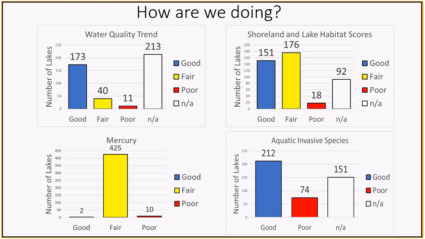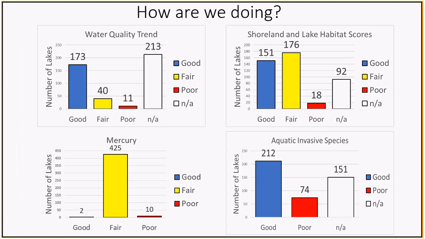The shoreland and habitat scores on the top right reflect a finding of the 2007 National Lake Assessment that we participated in, which showed that shoreland and lake habitat is the most important stressor in Vermont.